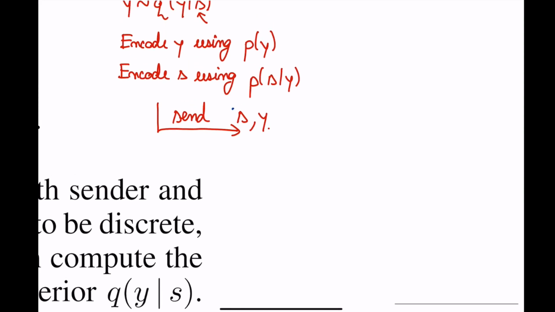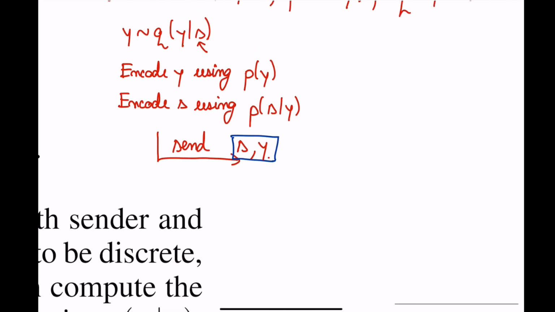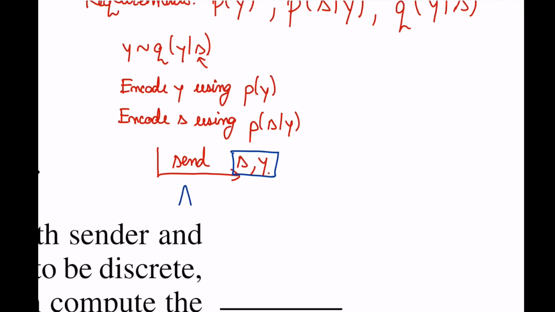So we encode both of them. We send both of them. And the scheme that we use is ANS, meaning this idea of encoding and decoding from these symbols to bits.